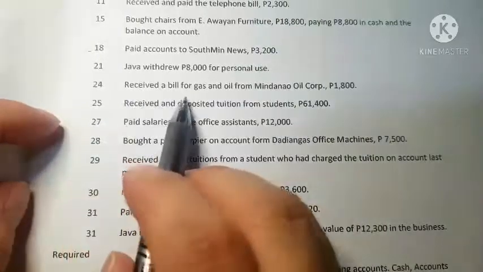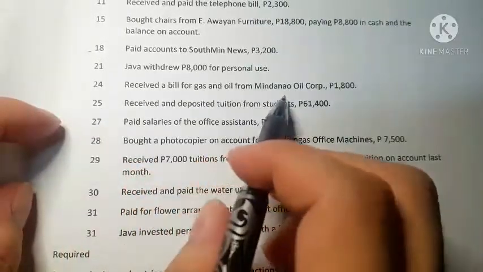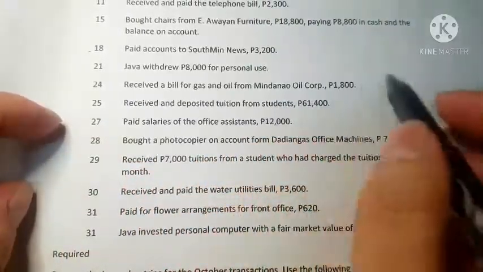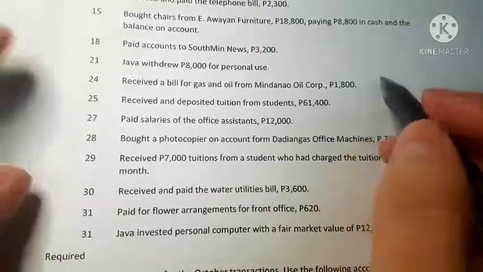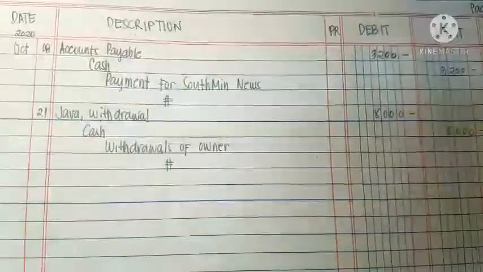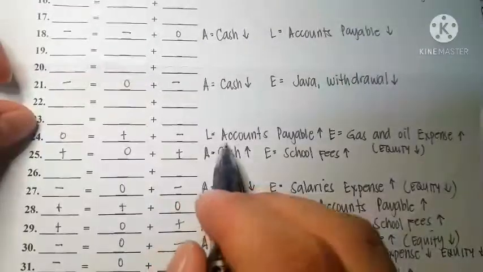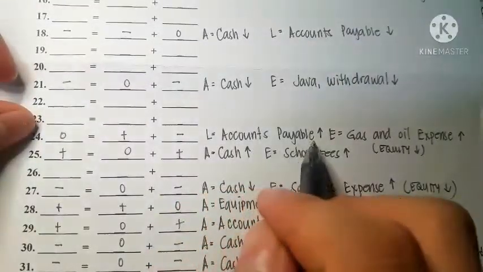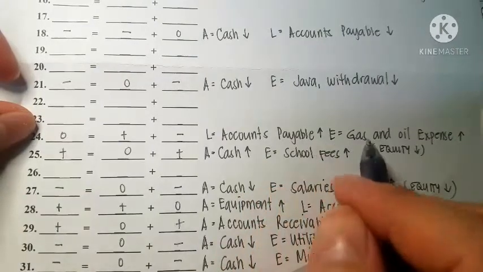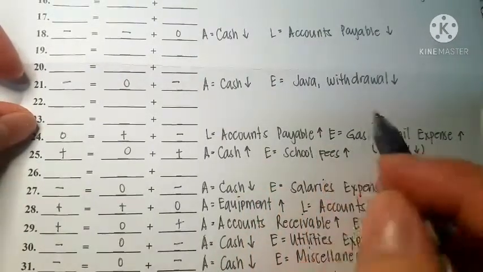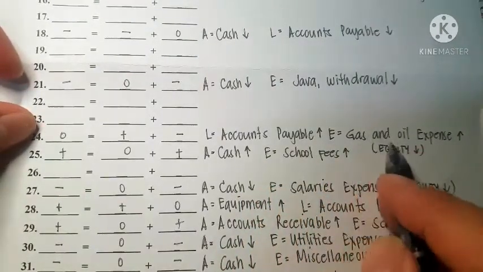Next is October 24. Receive a bill for gas and oil from Mindanao Oil Corp for 1,800. So there is an increase in liabilities, particularly accounts payable, and a decrease in equity, particularly gas and oil expense.